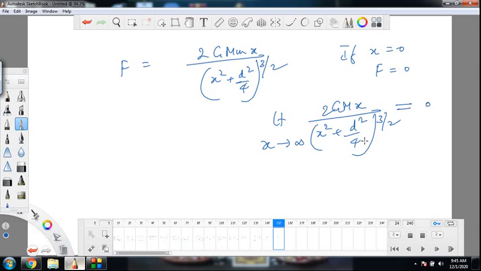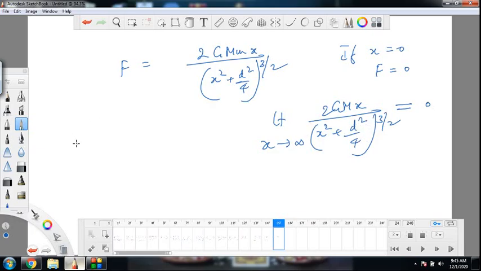You can check it, because the numerator is only x, but the denominator actually is x cube, x square power 3 by 2. Actually when x is very huge, you can neglect this d square by 4. You can write this as 2GMm x by x cube. So anyway that will go to 0. So in between somewhere force is maximum.